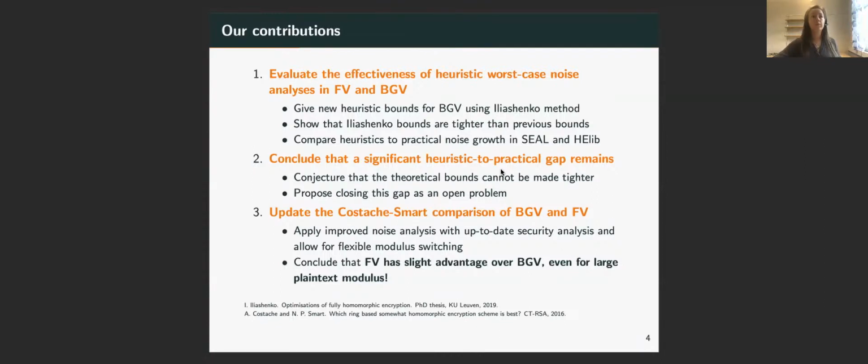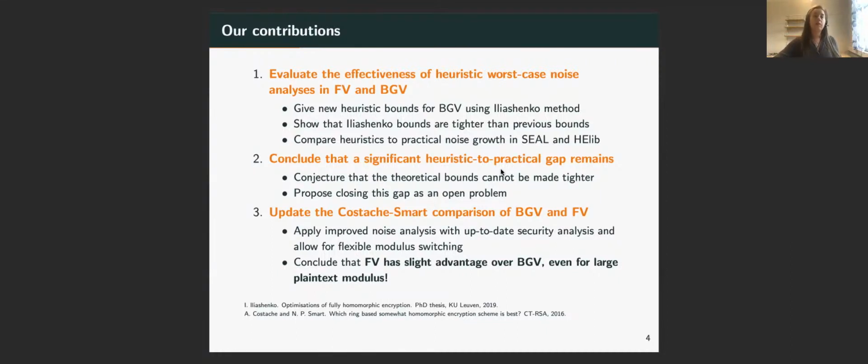And then what we do is that we compare this heuristic estimate of the noise growth to the practical noise growth in the SEAL and HElib libraries, meaning that we run experiments and we note the observed noise growth and we compare that to what we have theoretically predicted.